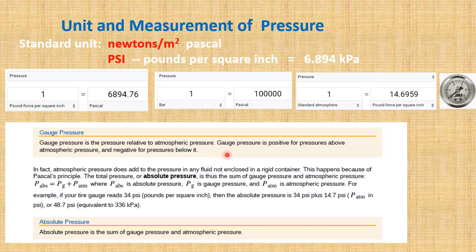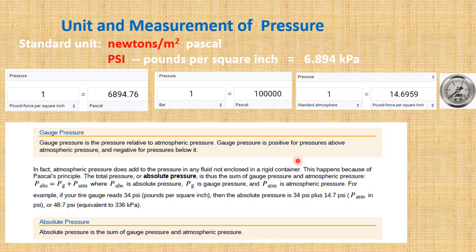If you gauge that pressure, which is 14 psi plus say 14.7, 15 will be 1 above atmospheric pressure, and 20 will be 6 psi above atmospheric pressure. Because the gauge pressure is how much is above atmospheric pressure. Okay, that's called gauge pressure.